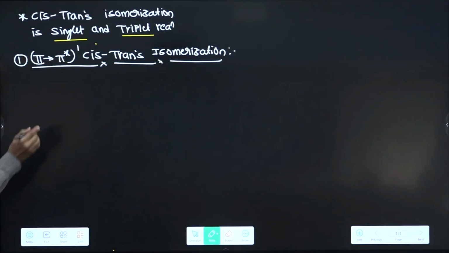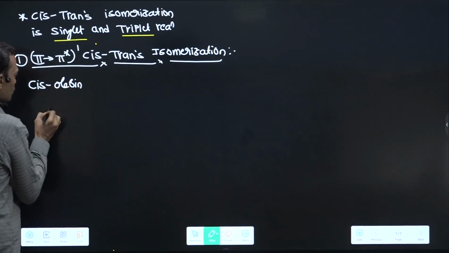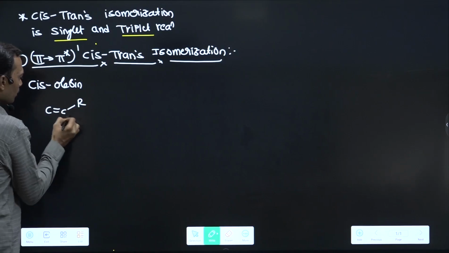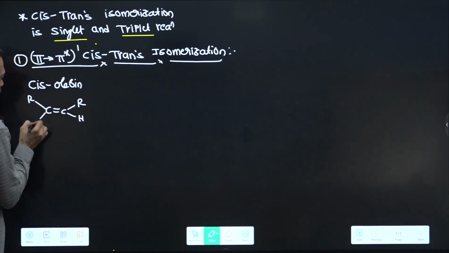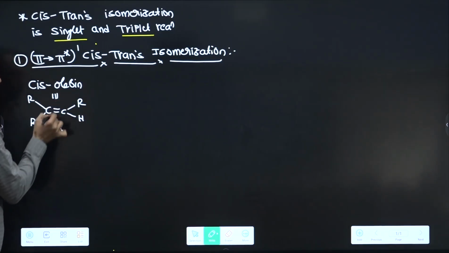See this. First, what am I taking? I am taking a cis olefin. How does a cis olefin look? R, hydrogen, R, right? What is the state of this olefin? S0. This is S0.